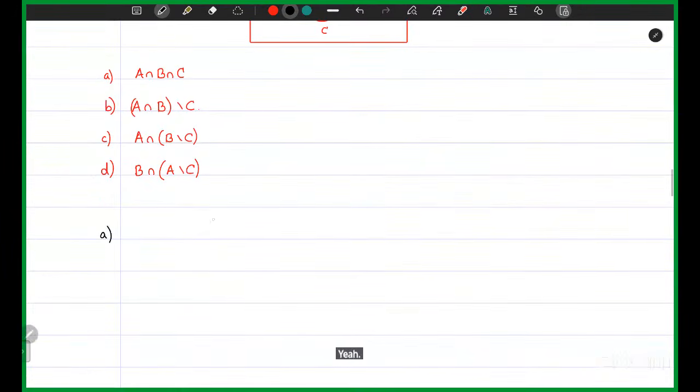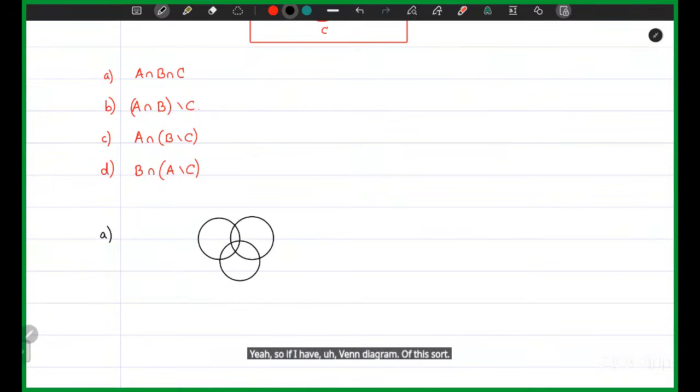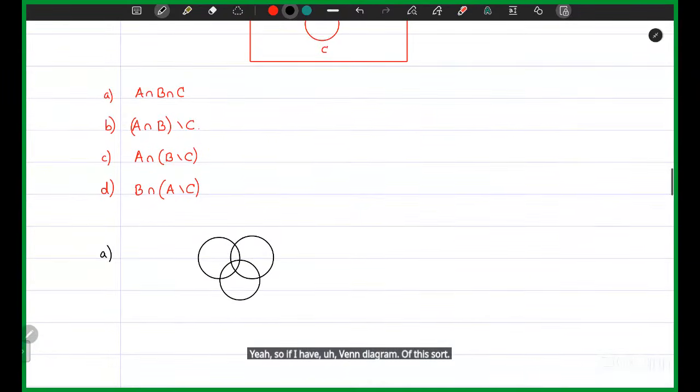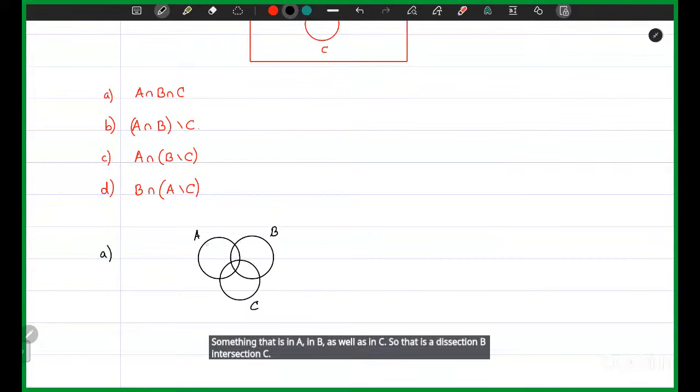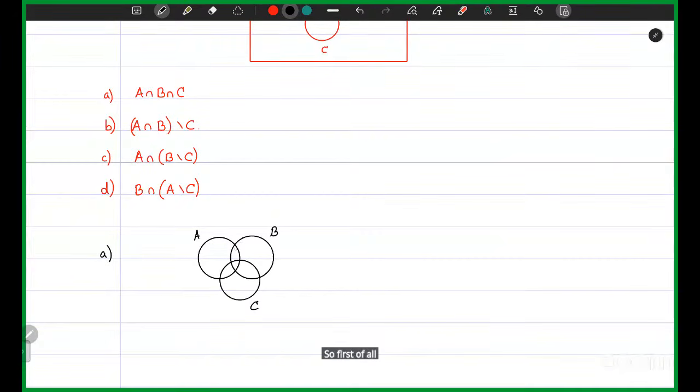So if I have a Venn diagram of this sort, something that is in A, in B, as well as in C, that is A intersection B intersection C. First of all, the thing that would be in A intersection B is this set.